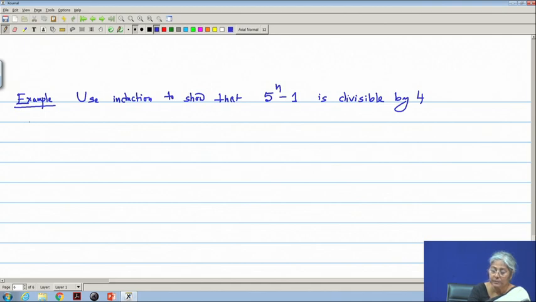So, what will be the basis step? We take n equal to 1.